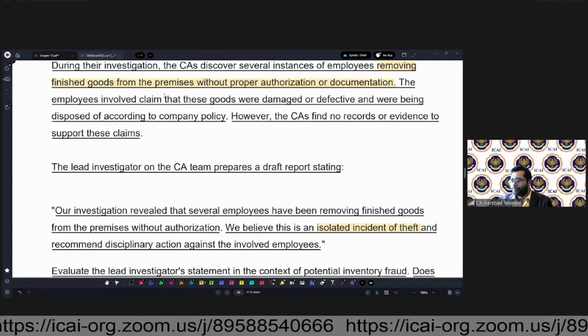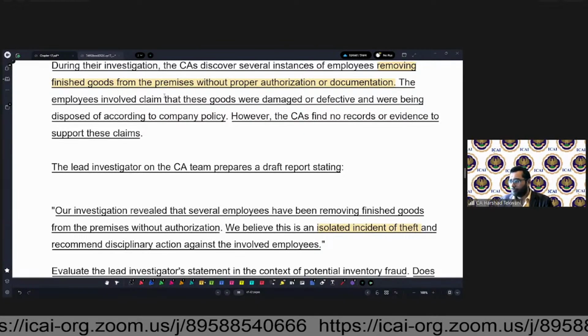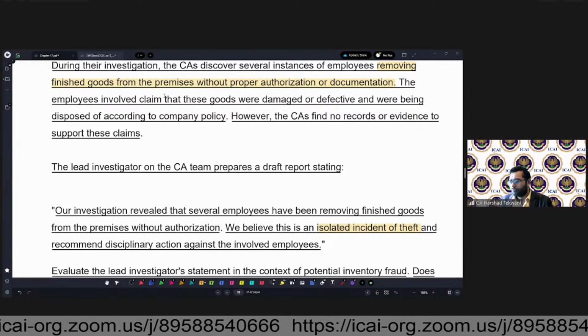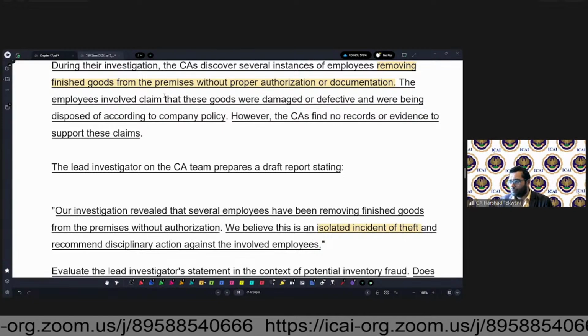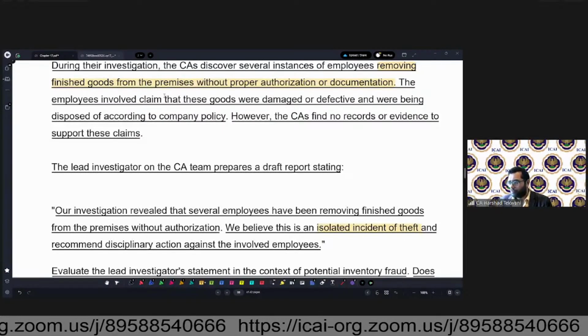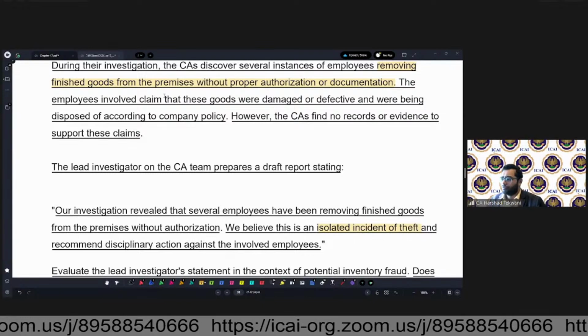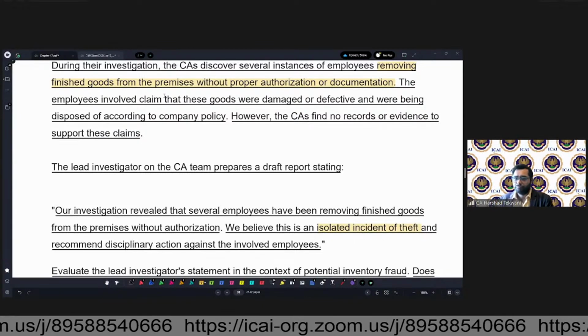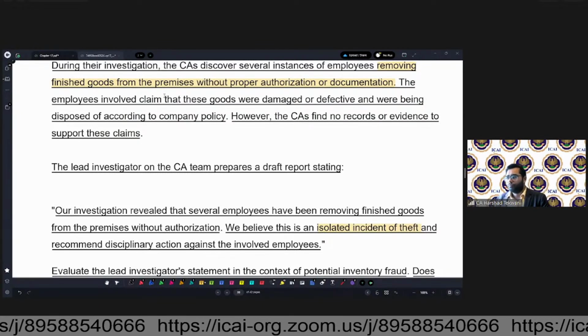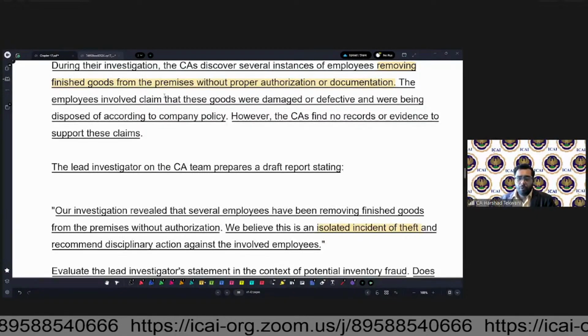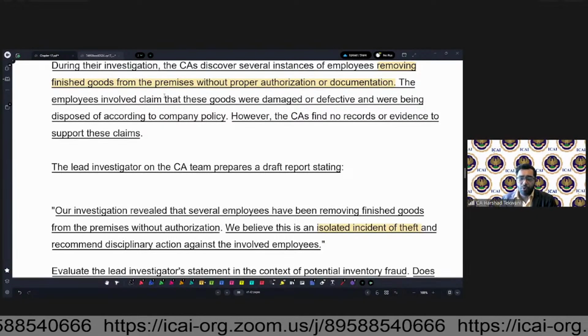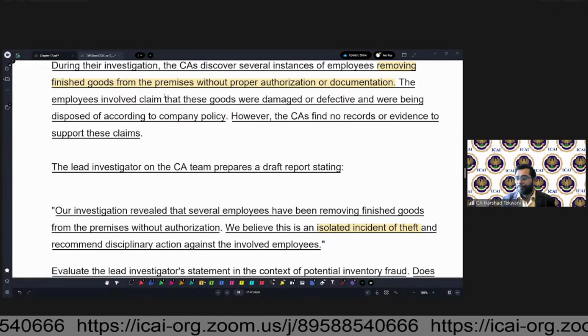Come on, guys. Do you think it is appropriate to term this as an isolated incident?